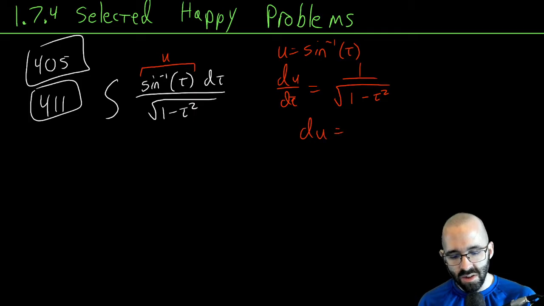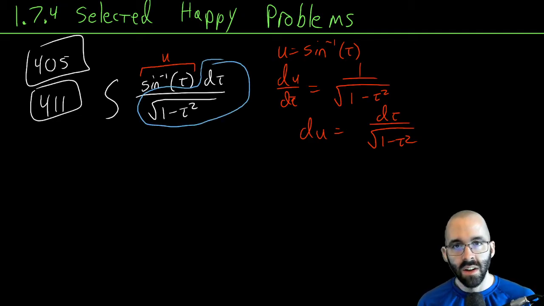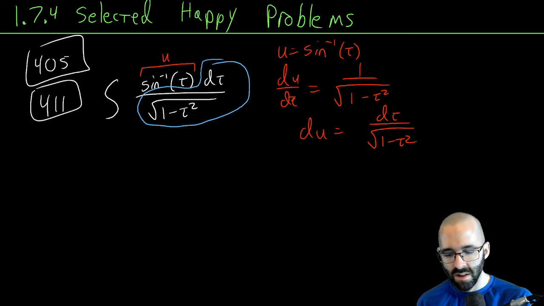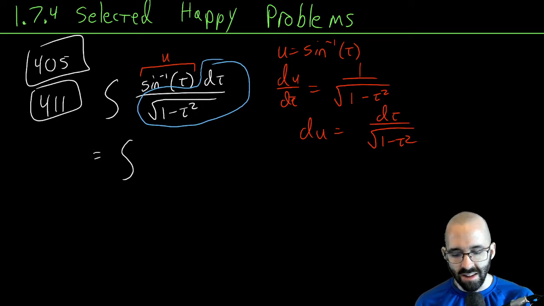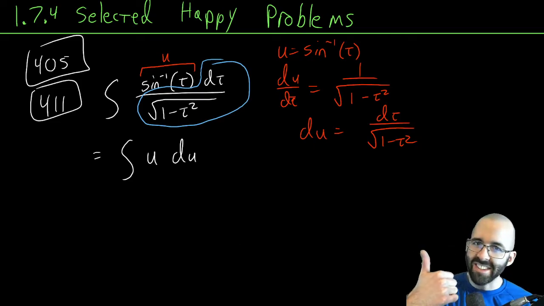So du is just dt divided by the square root of 1 minus t squared, which, by George, we've got. This is just u du. It's that easy. Like a lot of math, if you see it, it's easy.